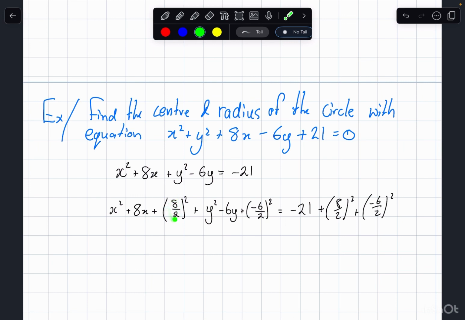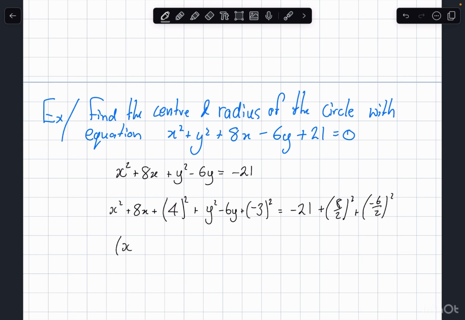Now in here, this is 4. So I'm going to replace that with a 4. And in here, this is negative 3. So I'm going to replace that with a negative 3. And from here, it's really easy to factorize. In my x's, I put 1x, and then because inside here is plus 4, I put positive 4, and I square it.